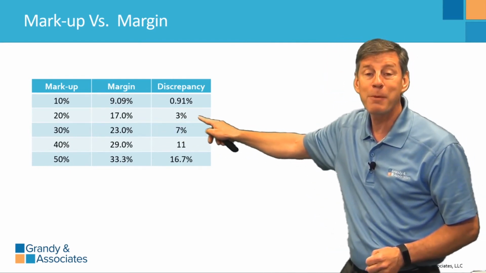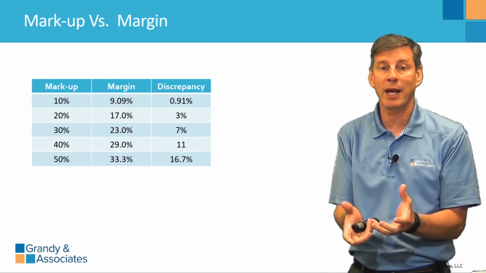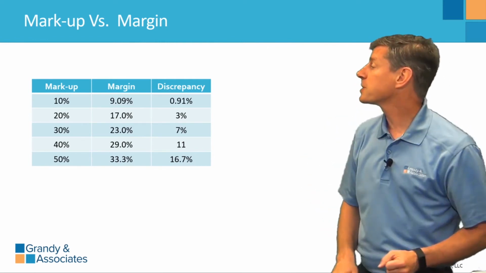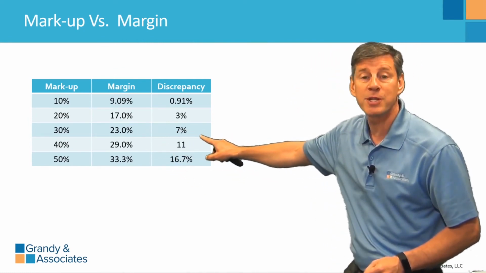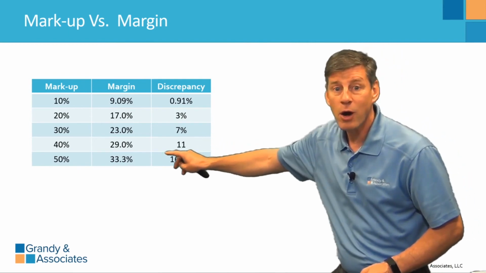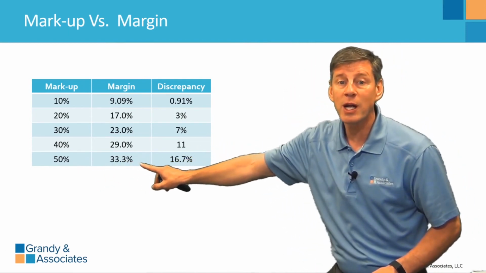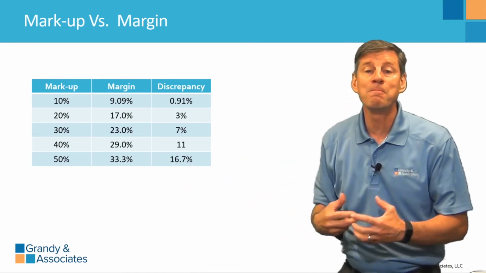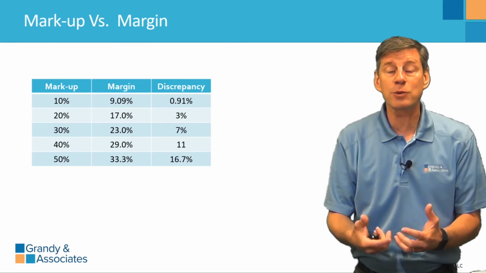Now we're up to a 3% discrepancy between what we thought we were going to get and what we're actually getting. If we're using a 30% markup, that's only a 23% profit. Now we have a 7% discrepancy. And at cost times 1.5, a 50% markup only generates a 33.3% profit. Now we're up to almost a 17% discrepancy.